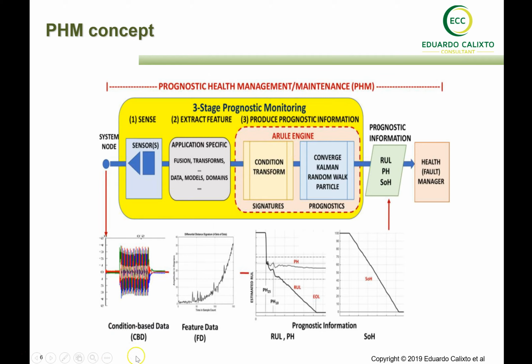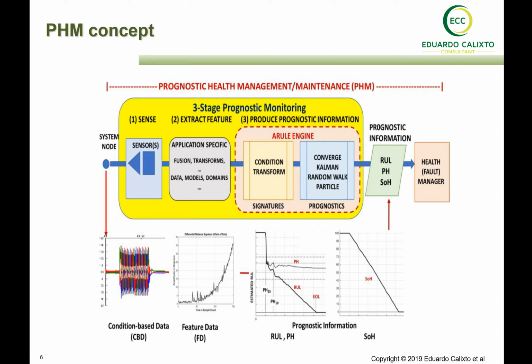So here we have the condition-based data. That's the first step, where you have condition-based monitoring. We need a sensor linked to some equipment to detect physical parameters such as vibration, temperature, rotation, and other physical parameters that can trigger failure. In the case of electrical and electronics, it will be temperature and voltage, the ones that trigger failures.